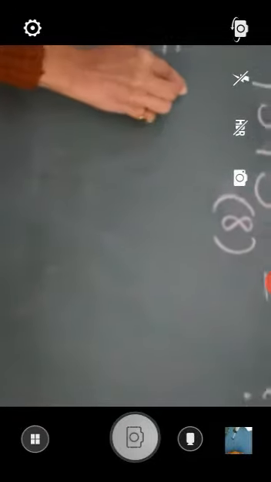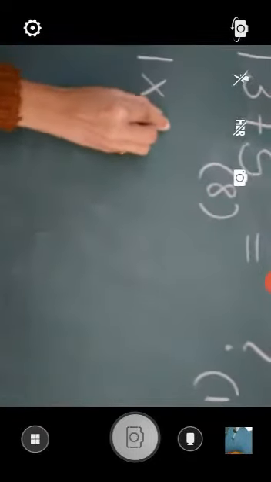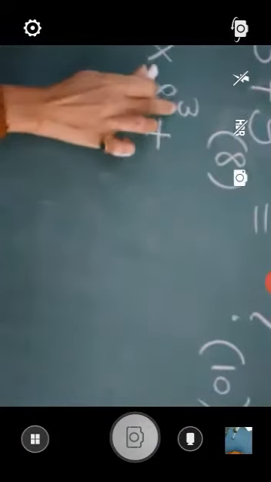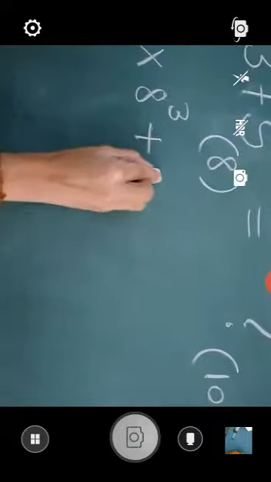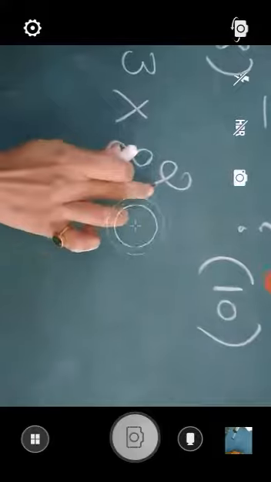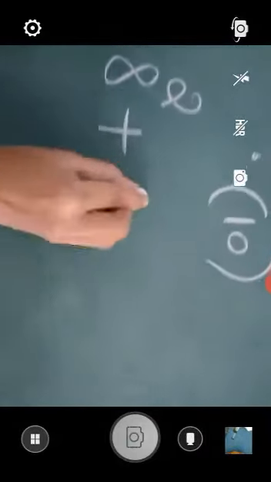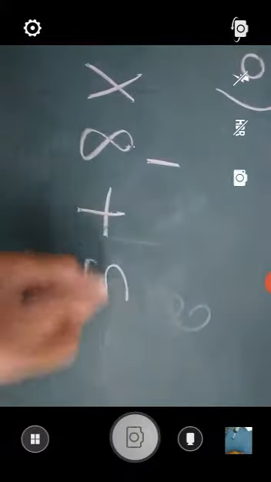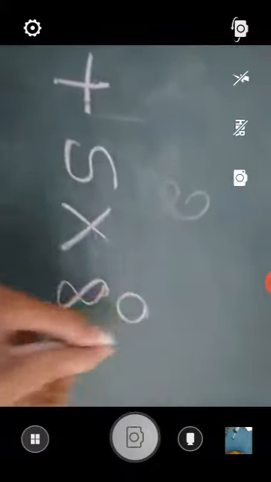So 1 into 8 to the power 3 plus 3 into 8 to the power 2 plus 7 into 8 to the power 1 and 5 into 8 to the power 0.